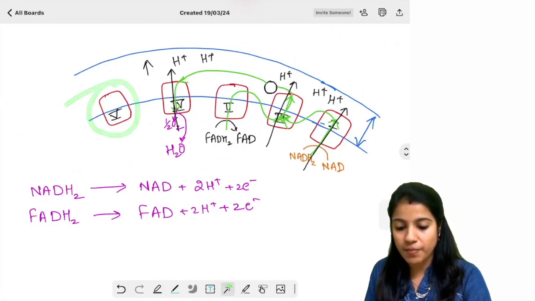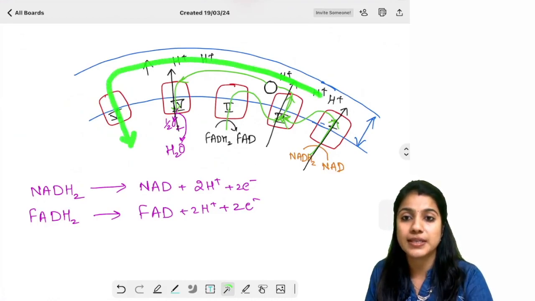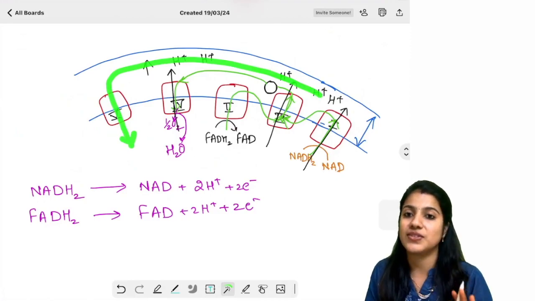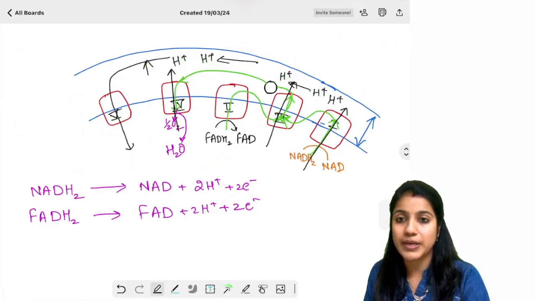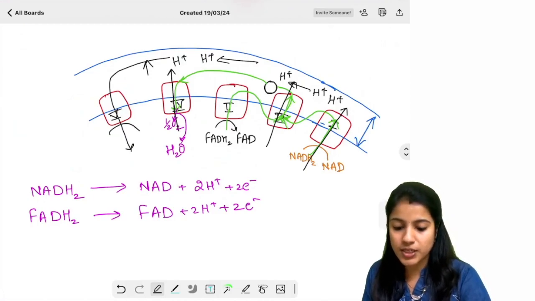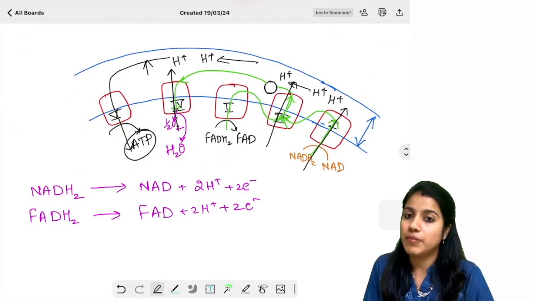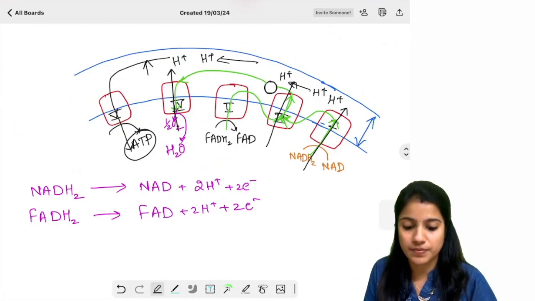From this complex, all these protons will start traveling through this complex, right? That is from higher concentration to lower concentration. So there is movement of the protons through this complex. As and when these protons keep on moving, there is formation of ATP molecules in the mitochondrial membrane.